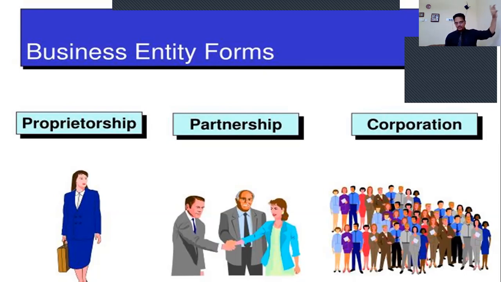It is a separate person, so even if the entire board of directors and shareholders disappear or no longer exist, the company will be there, because it is an artificial person, a separate legal entity apart from its members. So that is a very big advantage of a company.